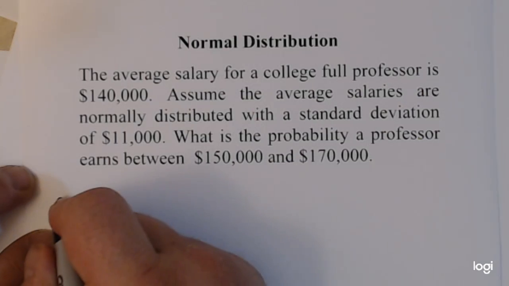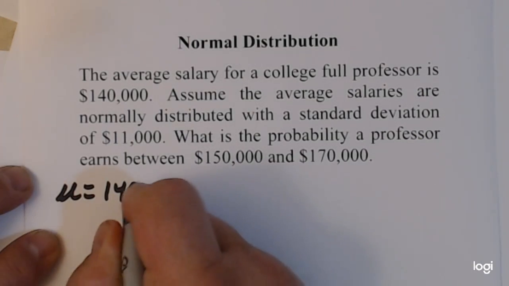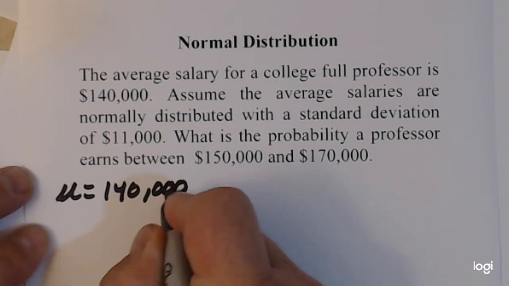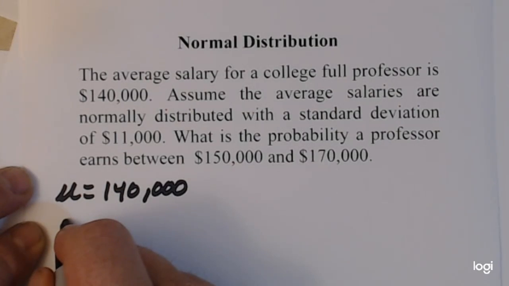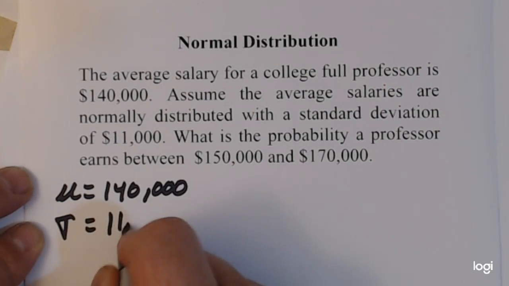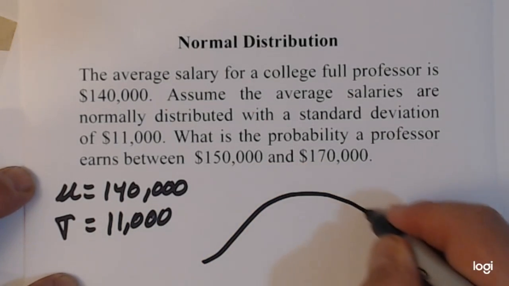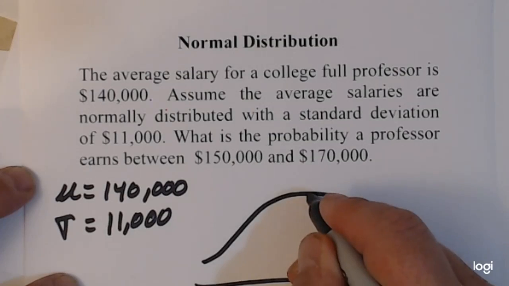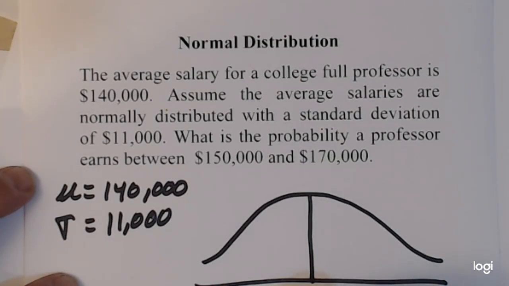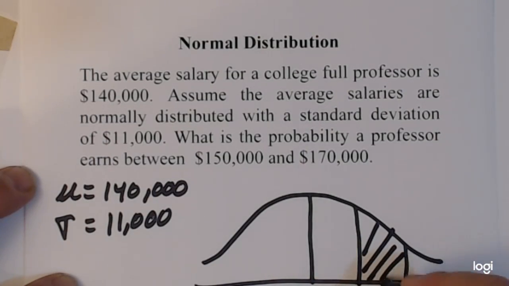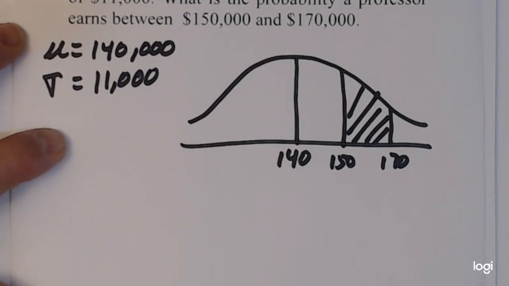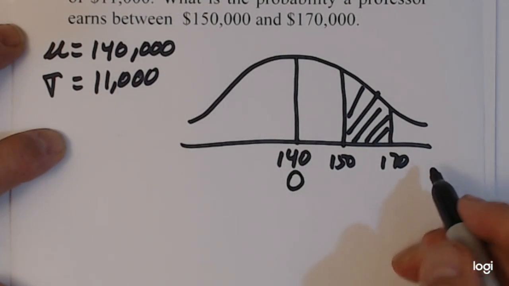The mean salary mu is 140,000. Sigma is 11,000, and it wants to know the probability that we're between 150 and 170. So that's what the picture looks like.